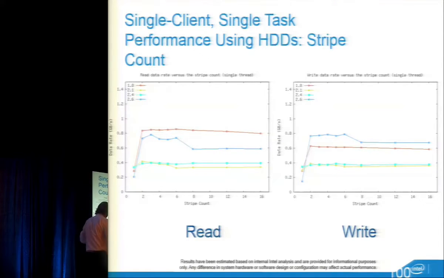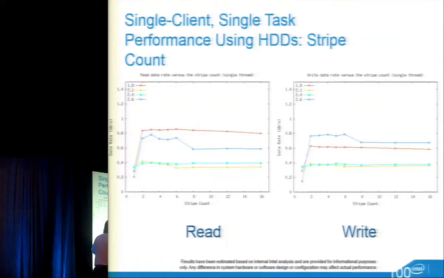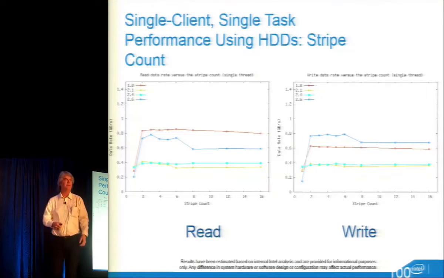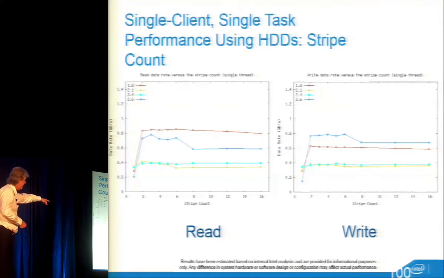The equivalent measure for what was in the bar graphs, but using the single spinning disk LUN, would be this. Here what you're seeing is really how fast is the LUN under these circumstances, not how fast is the client. It is interesting that the 2.6 is not the top number that we saw, so there's something to look at and see what's going on with that.